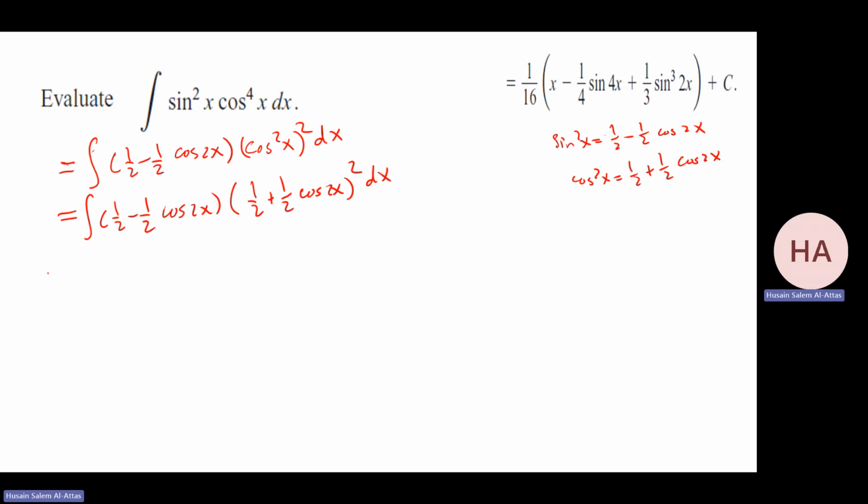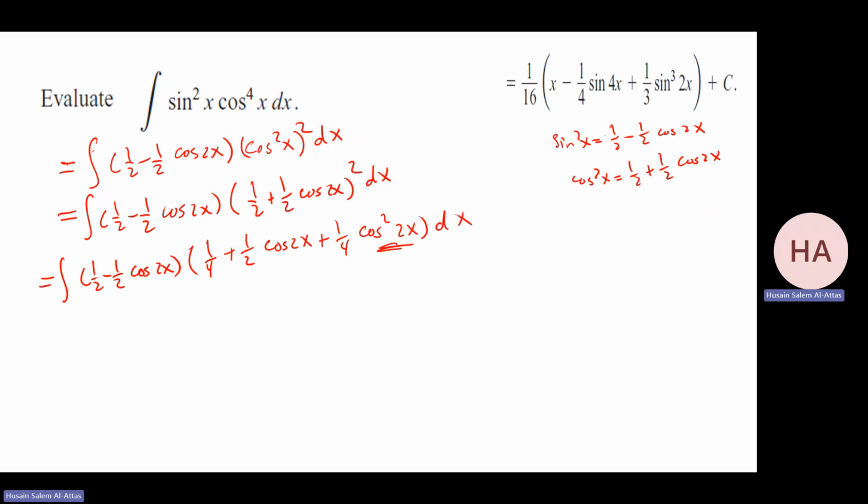So let me open the square first. That will be half minus half cosine 2x times 1 over 4 plus 1 over 4 times 2, which is half cosine 2x, plus 1 over 4 cosine square 2x dx.